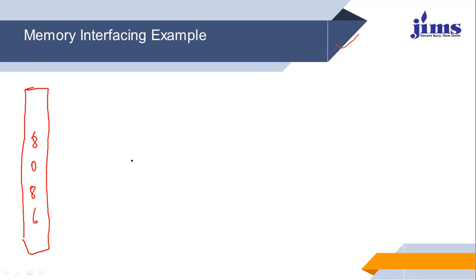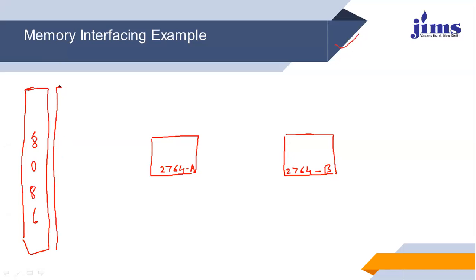And I want to interface two memory chips, whose number is 2764. This is my first memory chip, and I want to interface two of them. This is my other 2764 chip, number two. I will have the latches here, but I am not drawing them.